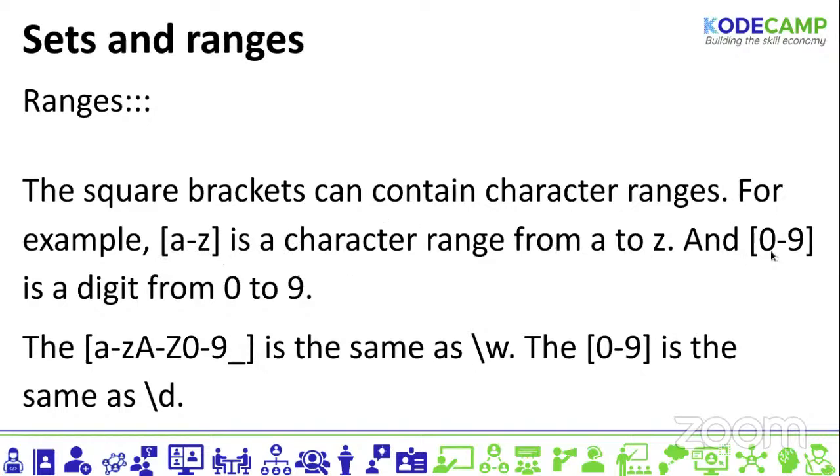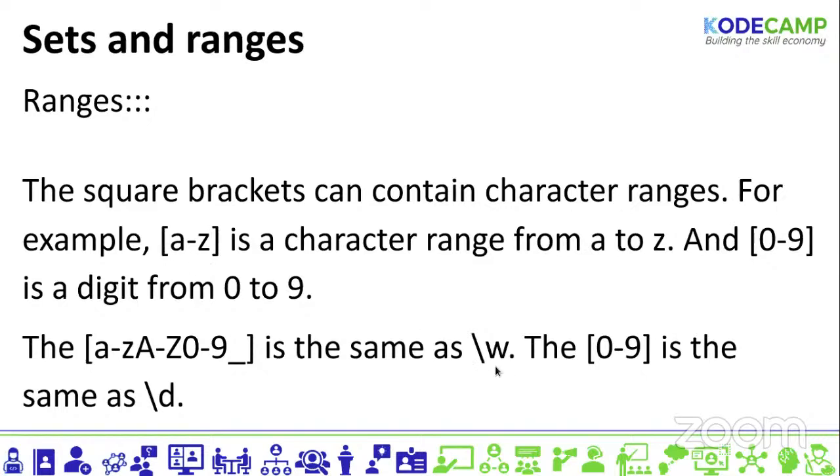Or you want to match for characters between 0 and 9. So if you wrote this range, like you want to match A to Z or 0 to 9 or an underscore, it is the same thing as you just writing \w. But the reason why you might want to use the range is if maybe I want to match from A to W, for example, any character that is either A or B or C, like that till W, and that's when I'll actually need this.